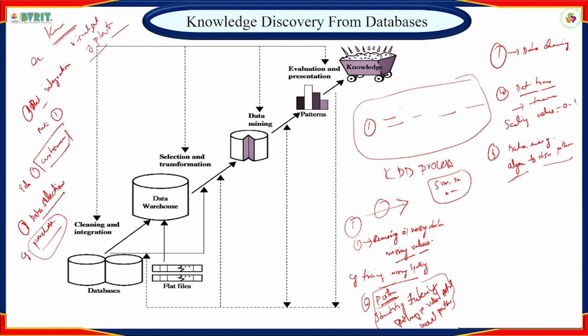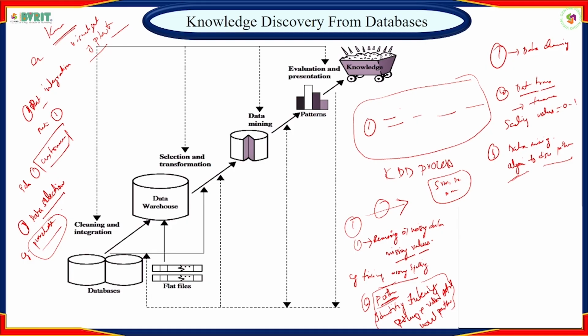So in the knowledge discovery process, there are different steps to be performed. When we consider any problem statement, we collect the data. But directly after collecting data, we can't easily mine it. So first we collect the data, and whatever data we have, we clean it.